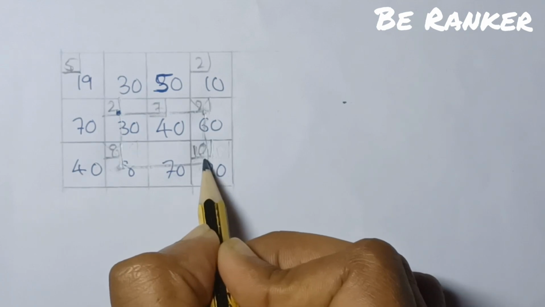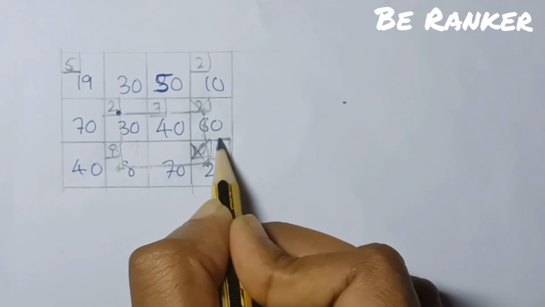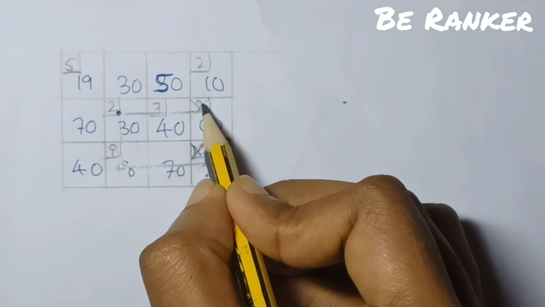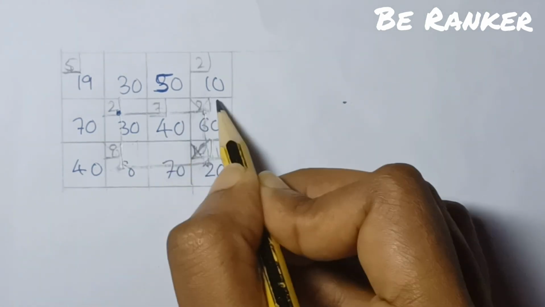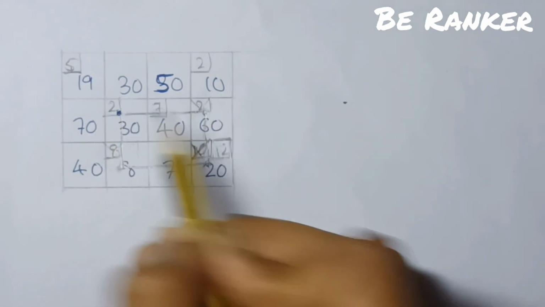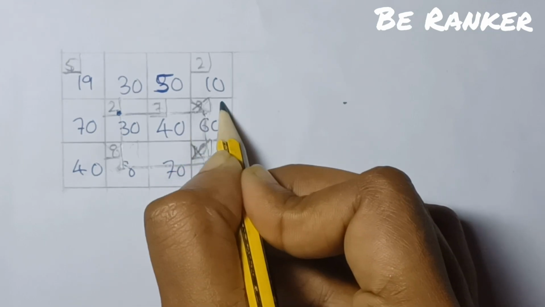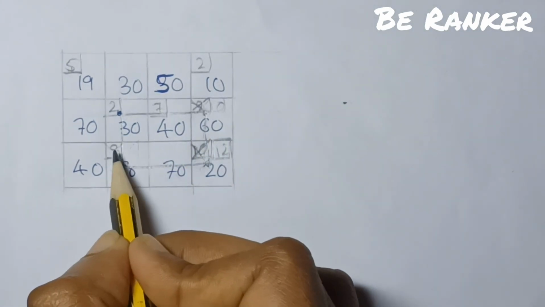Then add it here also, so 10 becomes 12. The new allocation is 12. And then next is to subtract these 2 from the adjacent 2 corners of this cell. So 2 minus 2 is equal to 0. And here 8 minus 2 is equal to 6.